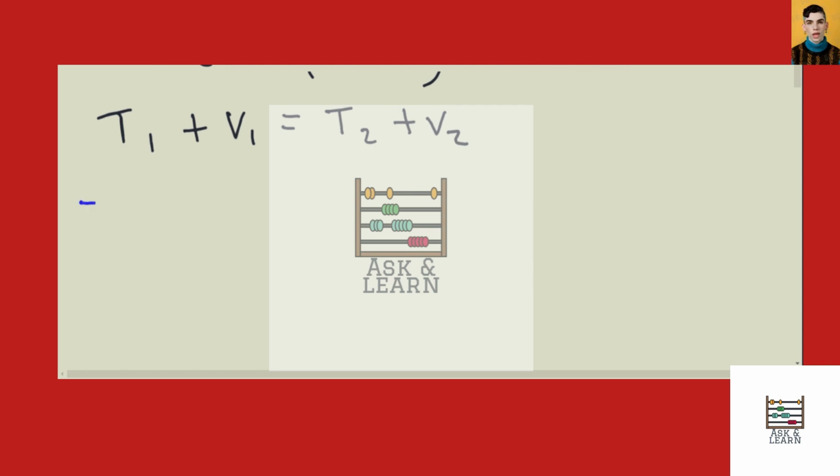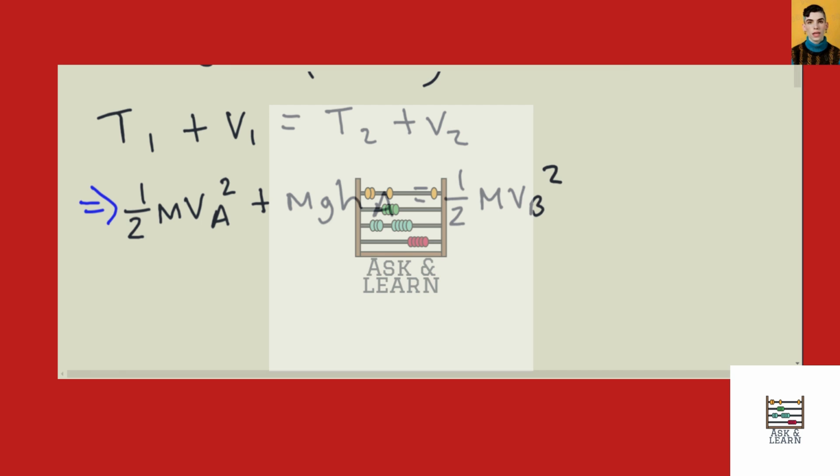Just expand this, and we have 1/2 m VA squared plus mgHA is equal to, so the final kinetic is when it reaches point B, so 1/2 m VB squared plus the final potential at point B, so mgHB, and HB is given to us.